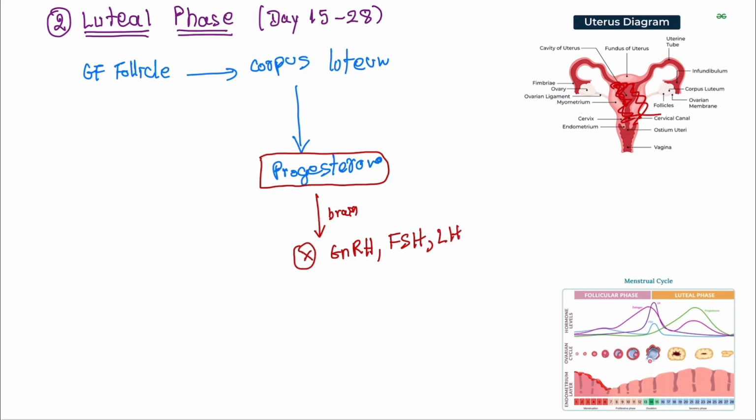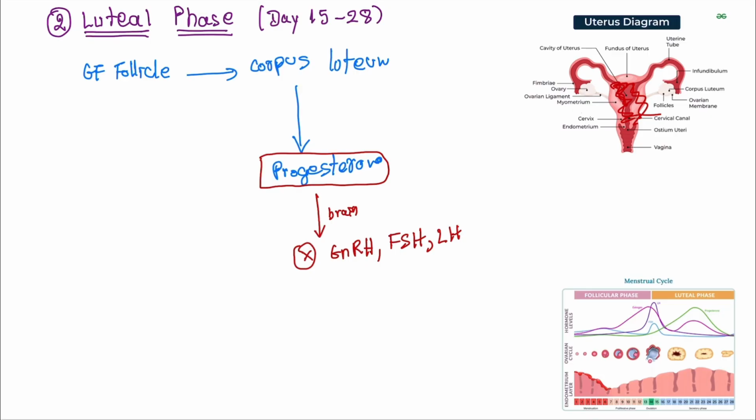As we know, if FSH is lower, estrogen is also lower. So progesterone is much increased, but it gives negative feedback to the brain to stop those hormones. This mechanism is very important because it helps prevent a new egg from developing during the luteal phase.